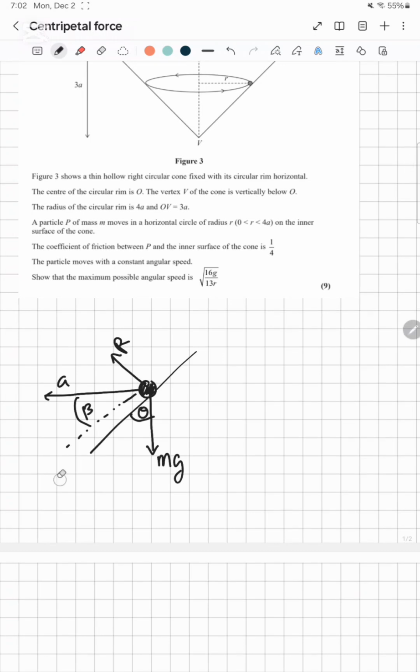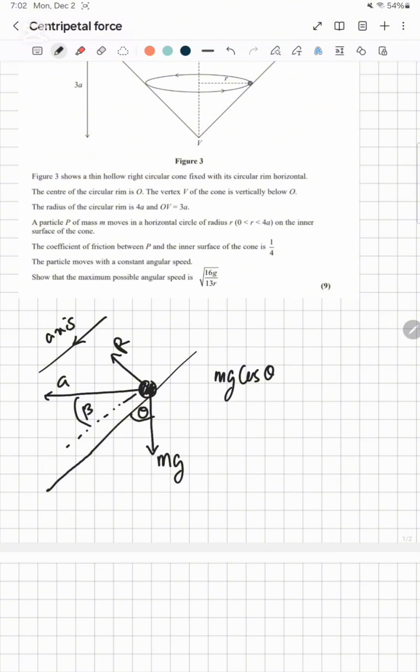Since they say maximum possible value for angular speed, I'd like to explain this to you. If we write mg cos theta, I'm resolving everything along this axis, across the plane.